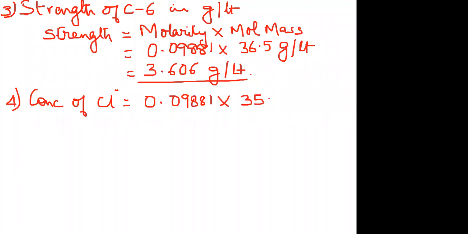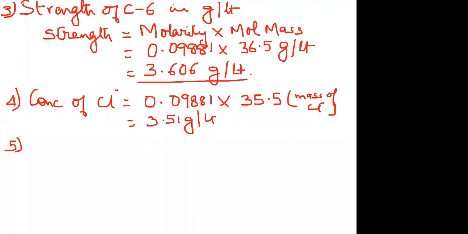This is the mass of chloride ion, sorry, the mass of Cl minus. So this is equal to 3.51 grams per liter.